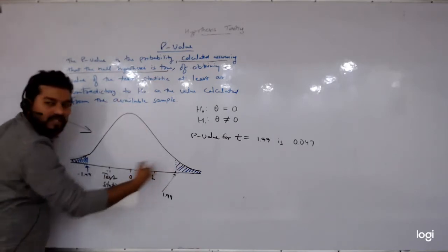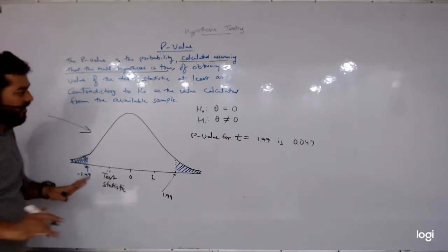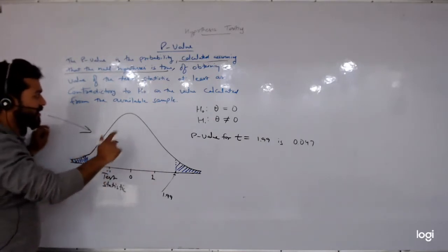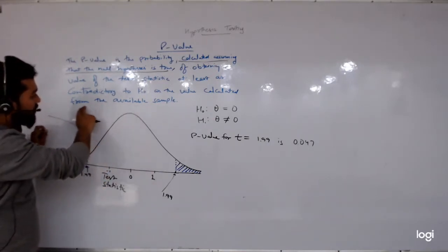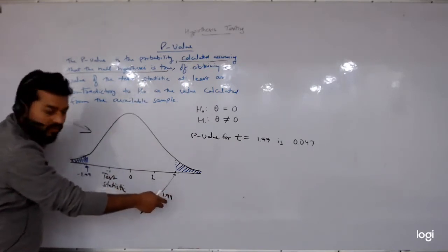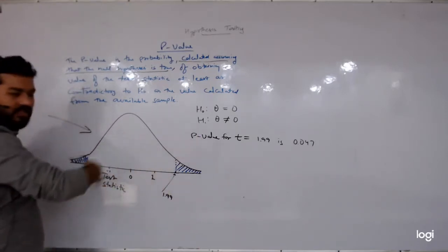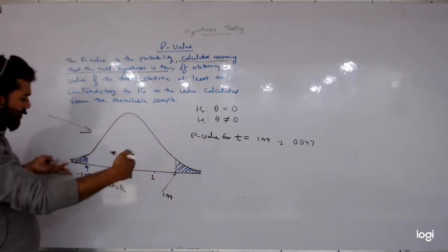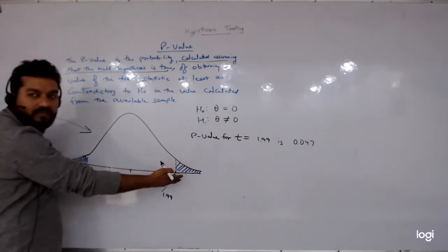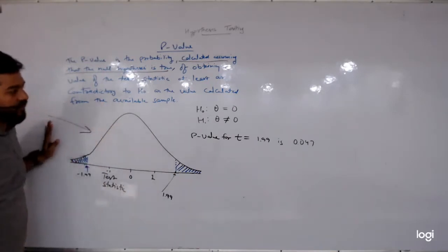If it's far away from the center, it is contradictory to the null hypothesis, at least as contradictory as the one calculated from the available sample. The probability value then is the area in the extreme tails, which is the probability of getting more extreme values, or at least this one.